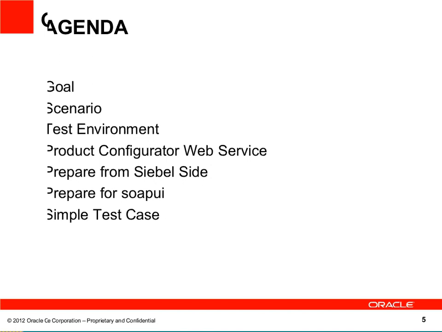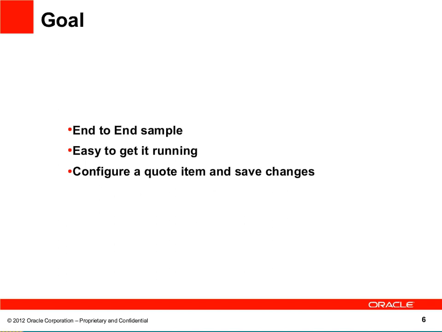The goal is to provide you with an end-to-end sample, a complete sample, which is running together with the product definition and with a minimum of changes. It's also reduced so that all the data structures are easy to get running. Underlying product structures are small.